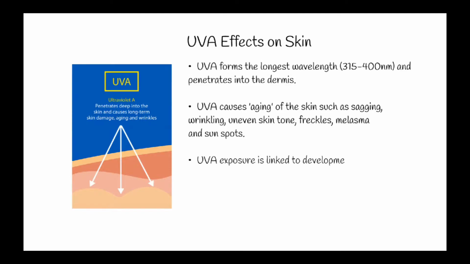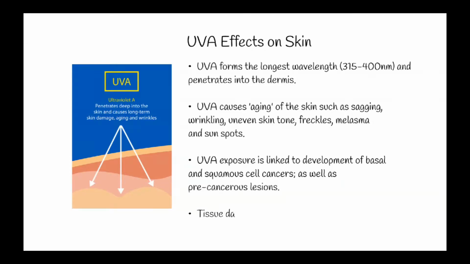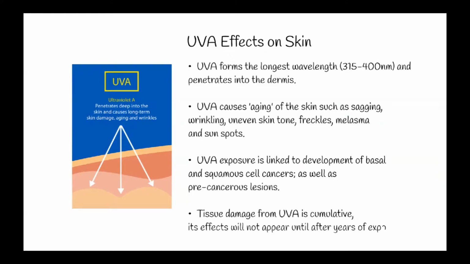UVA exposure is linked to development of basal and squamous cell cancers, as well as precancerous lesions. Tissue damage from UVA is cumulative. Its effects will not appear until after years of exposure.